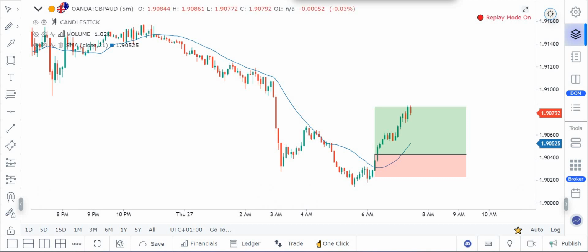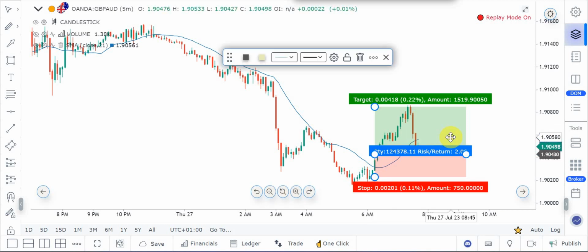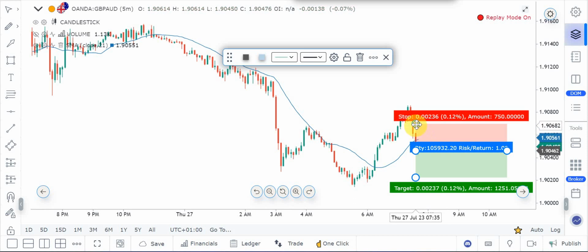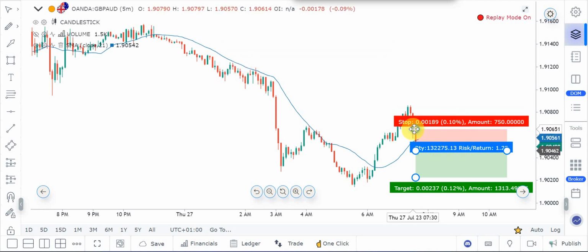Okay, so let's watch. Remember the rule when the market closes. At this point you can see there is a close, so I'm just going to take a short market, and I've entered here. My stop loss is just above this candle.